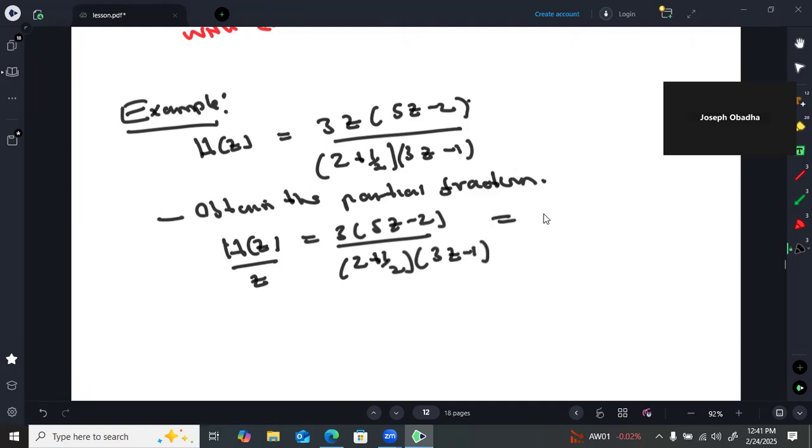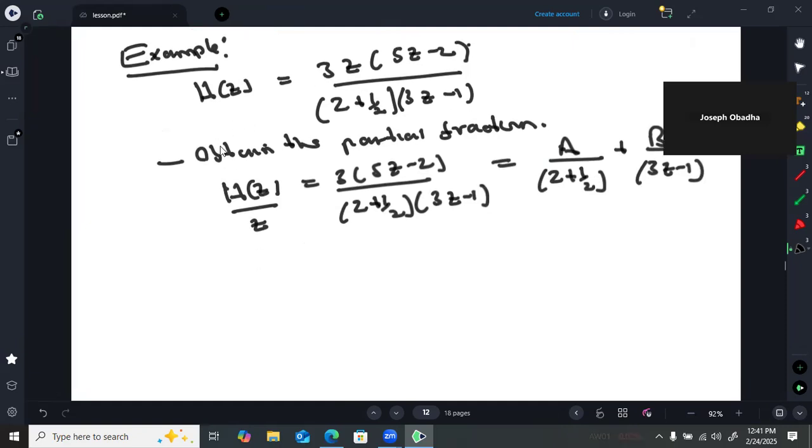And this should be equal to two fractions, A over z plus 1/2 plus B over 3z minus 1. Then from here, we have (z plus 1/2)B plus (3z minus 1)A equal to 3(5z minus 2).